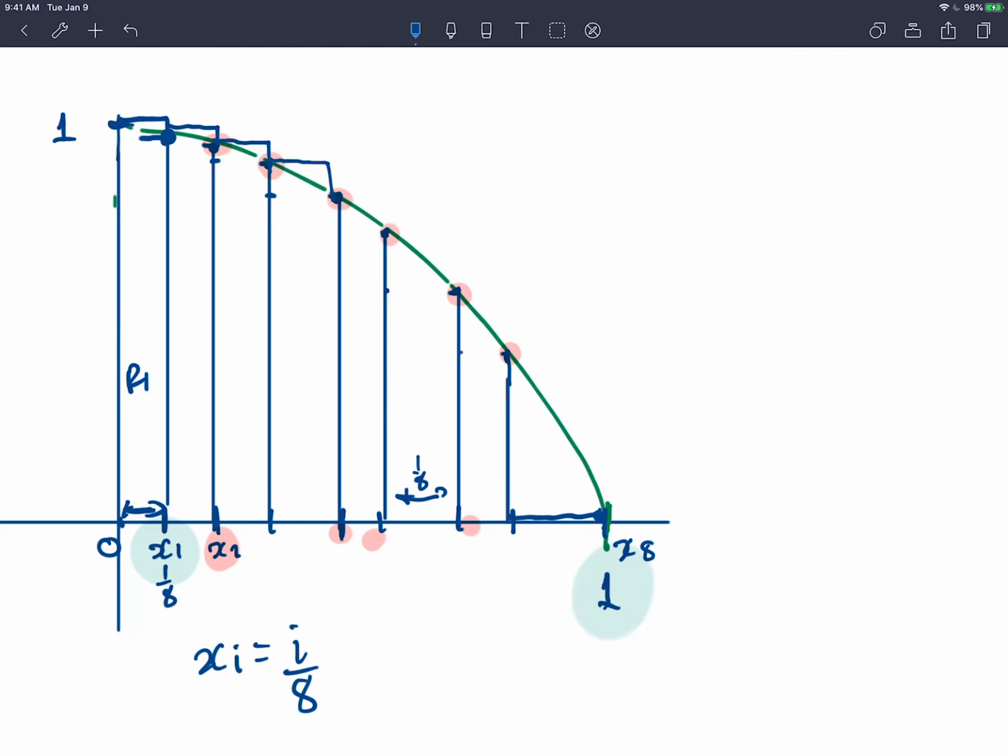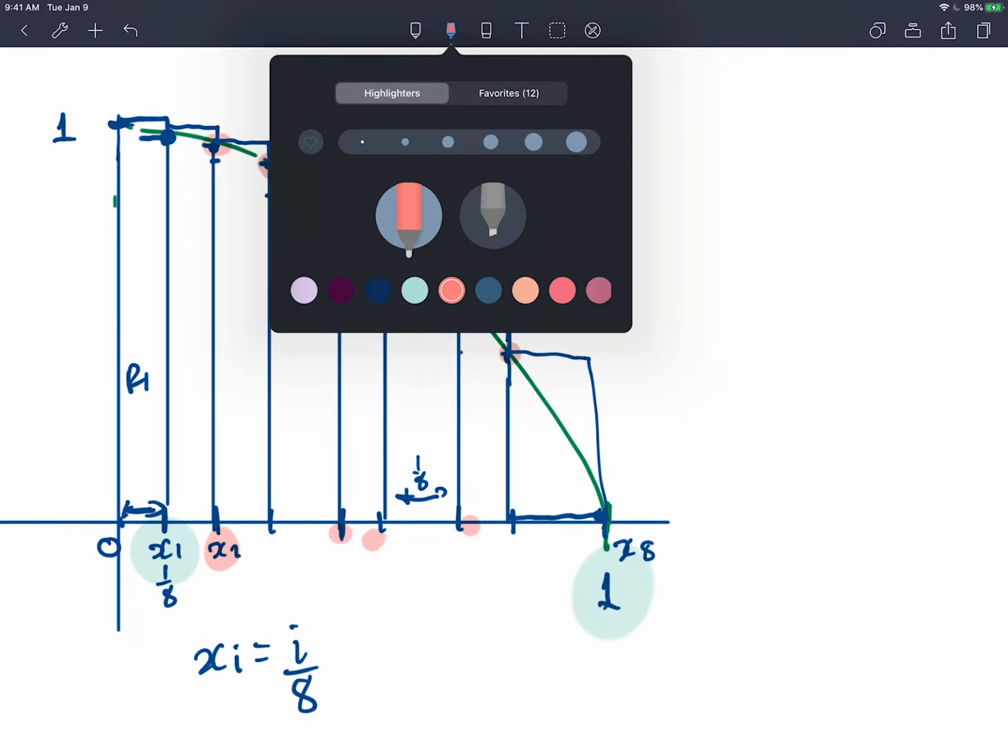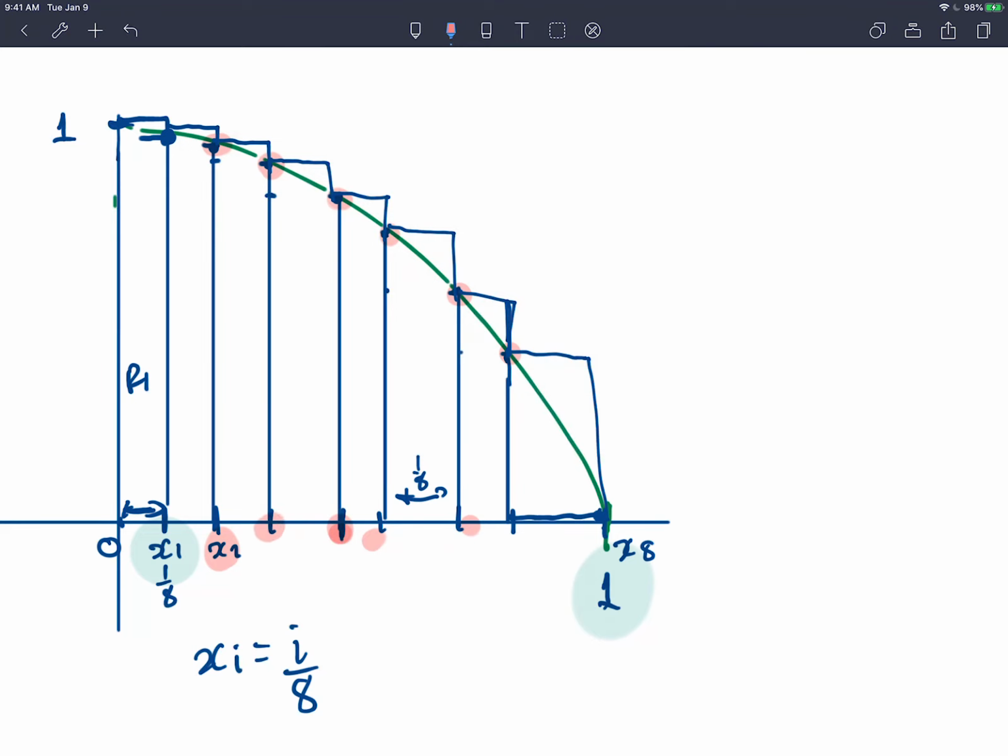So now they're going to be overestimates. Okay, so this last one that was 0 before is not going to be 0, right? Notice that the dots that I had here are the same. The heights are the same, only they're used as heights for the other rectangles.